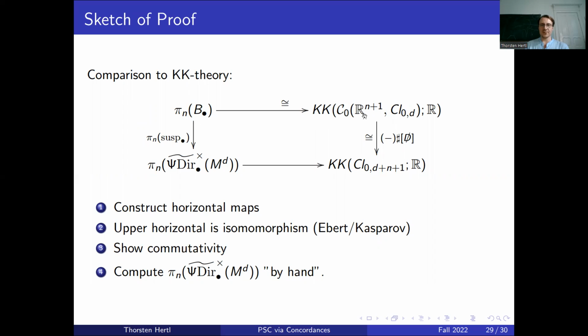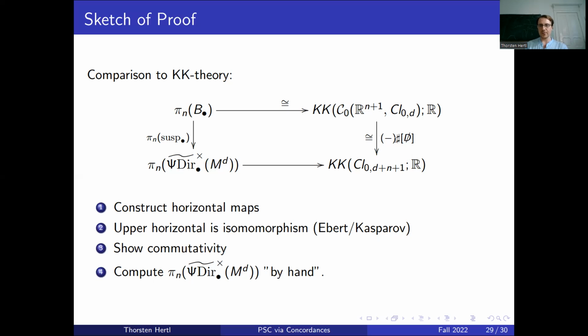Here, the upper horizontal map is a well-known map written down by Kasparov in his paper. This is kind of a bounded transformation. And so we take elements in the K theory group here. Also this right vertical map is a well-known map for operator theorists.